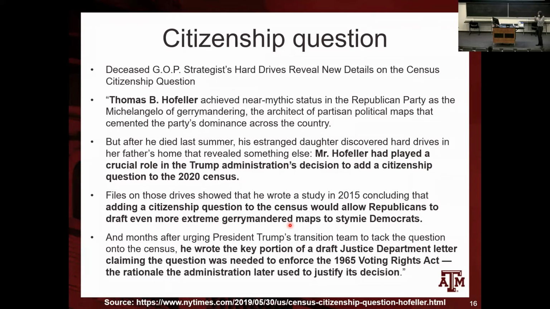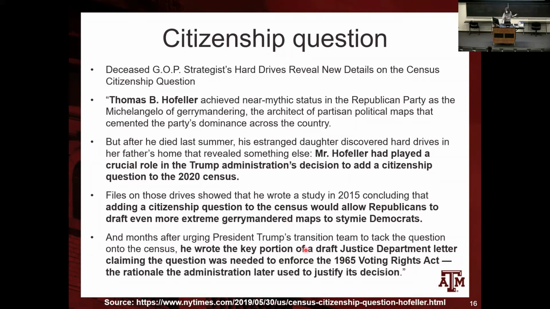So what they were trying to do was to count the population that would be more in favor of Republicans, and that population would be the one in which the state legislators would redraw the congressional districts, and that would benefit the Republicans.